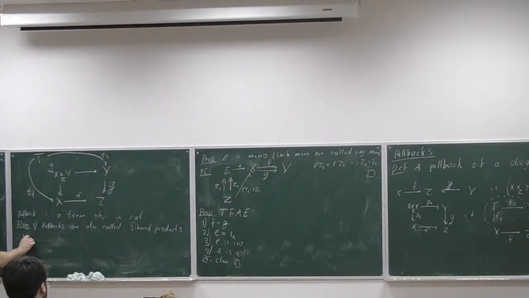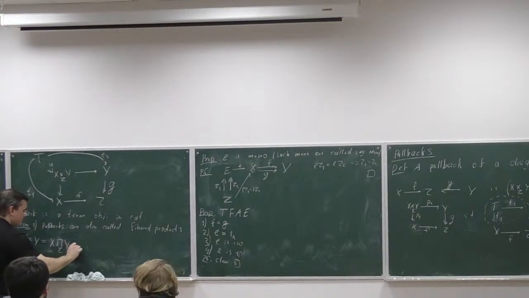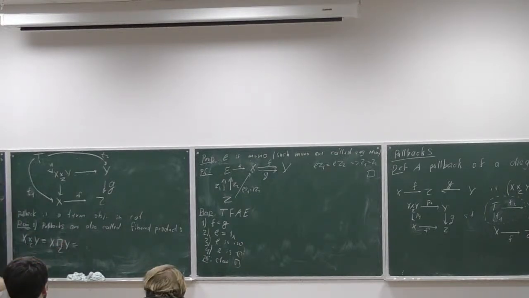The notation that I use can also be written in this form, product over Z. And sometimes, in some situations, the object Z is not enough for the notation. Fiber product, расслойное произведение. Pullback, расслойное произведение. Еще говорят Декарт в квадрат.